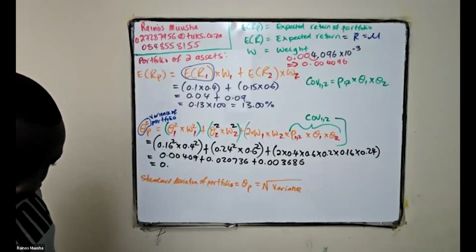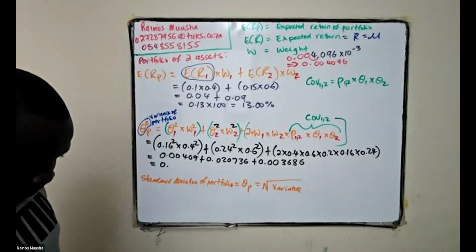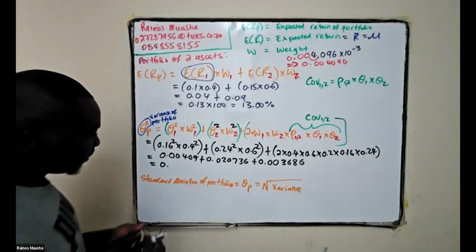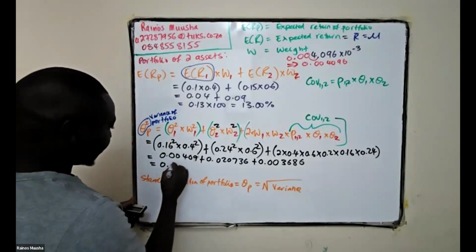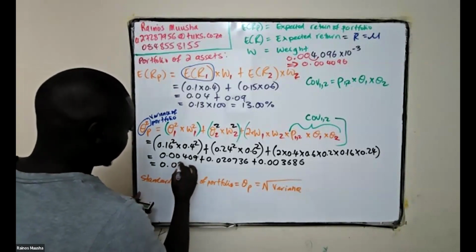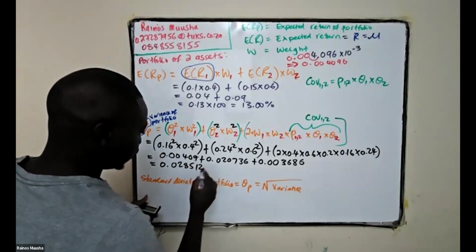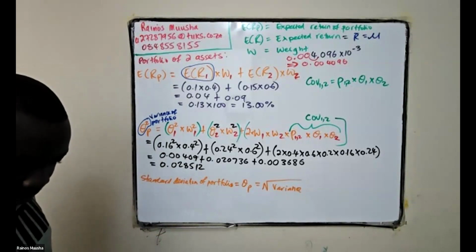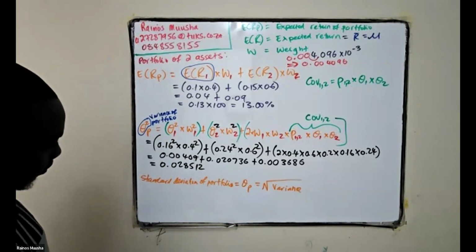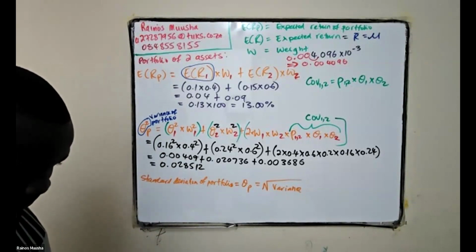So you should be able to get a figure of 0.028512. Are you getting this amount? Yes, I am. Right.